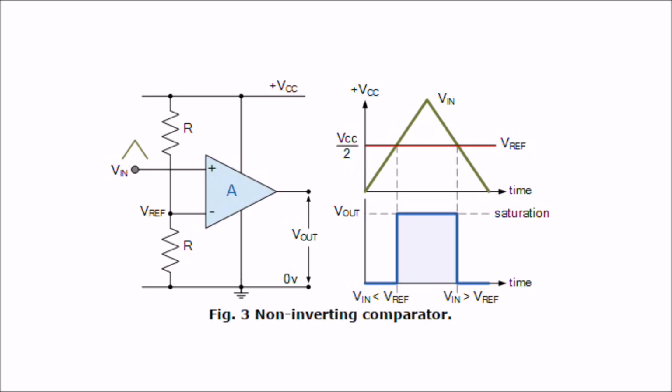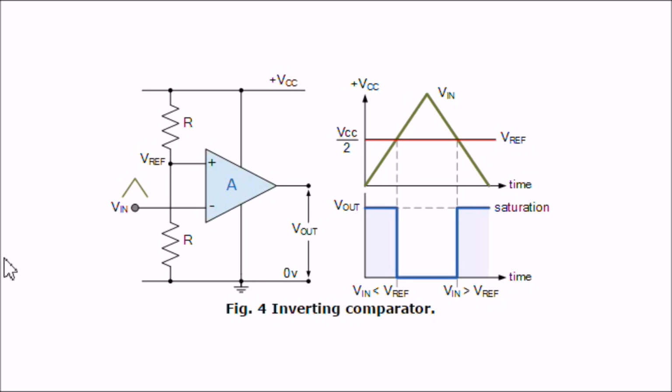Note that when this op-amp turns on, it's either all the way on or all the way off. It should not be anywhere in between. Thus, it would form a square wave. Now, if you're using something like an LM358 op-amp, which will operate at 5 volts, this is an easy direct interface to a microcontroller.